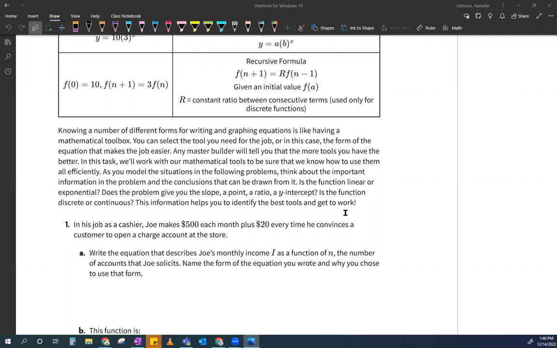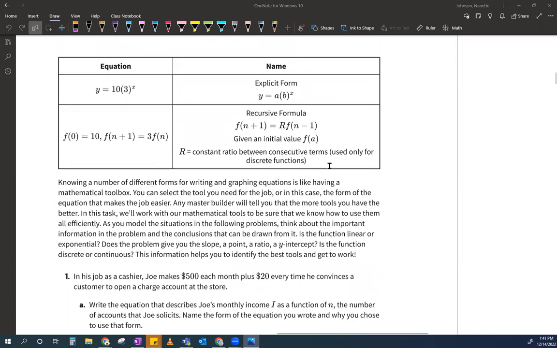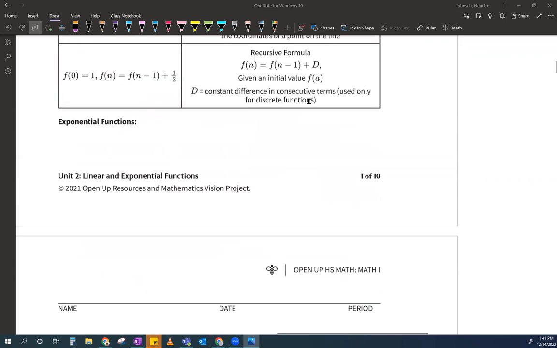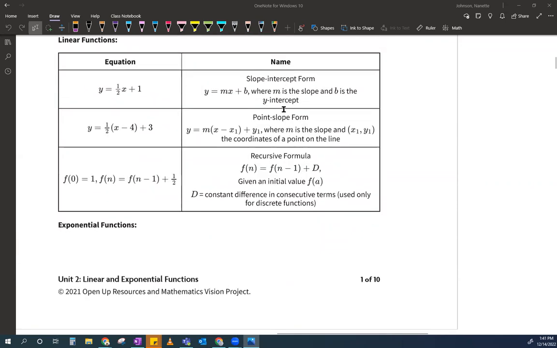If the only tool that you have is a hammer, then every single problem that you see is going to look like a nail, because the hammer's job is just to pound nails into wood or whatever you are building. But here we now have 1, 2, 3, 4, 5 different forms, different tools.